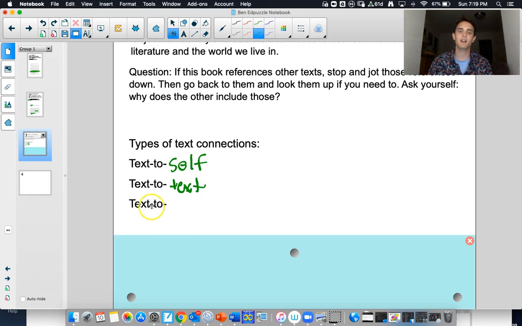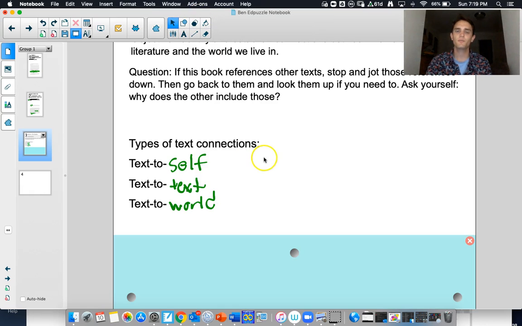But the last kind of connection that can be made is what's known as the text-to-world connection. This is where you look at the world that the story has been set in. Are there characters dealing with similar issues? Are there things going on in the world that are mirroring what's happening in your world?